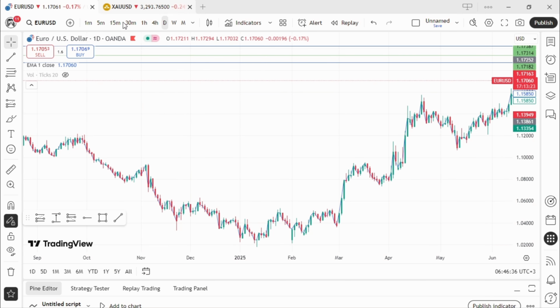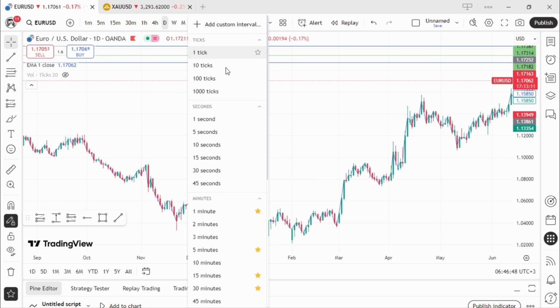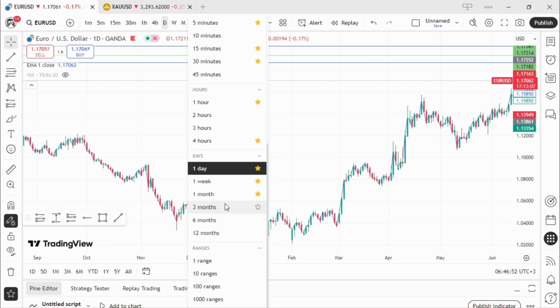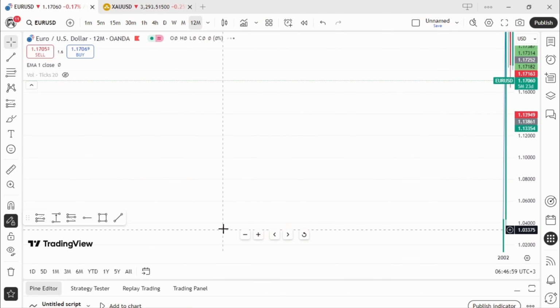Take a look. We have time frames. Up here we have time frames, just like MetaTrader does. We have 1 minute, 5 minute, 15 minute, 30 minutes, and all that to monthly. And we even have ticks, seconds. You see that? MetaTrader does not have that, and TradingView even has 1 year. Candlesticks for a whole year.